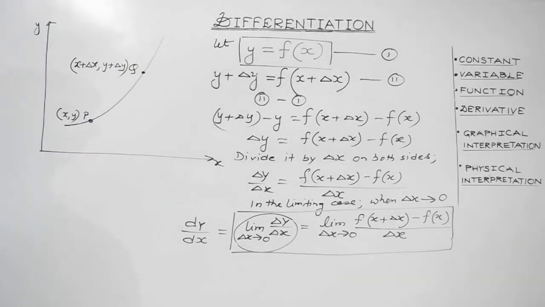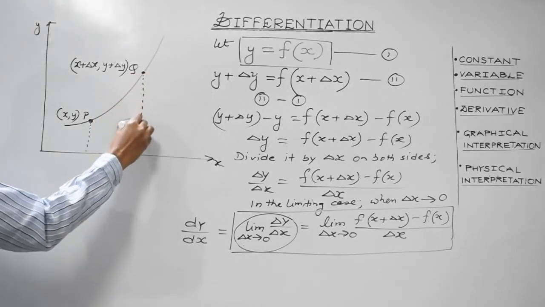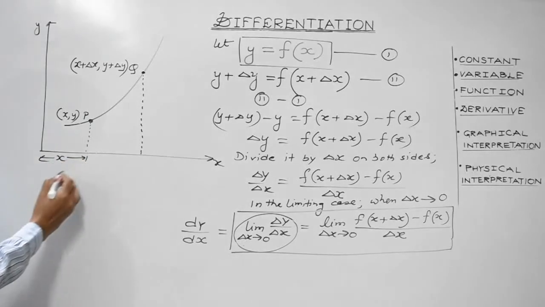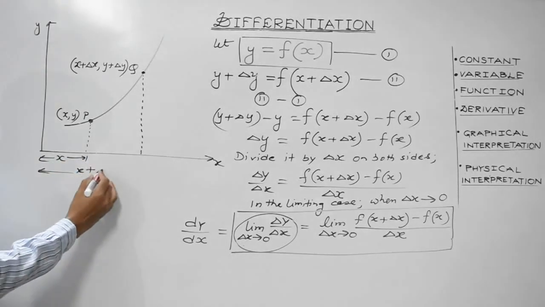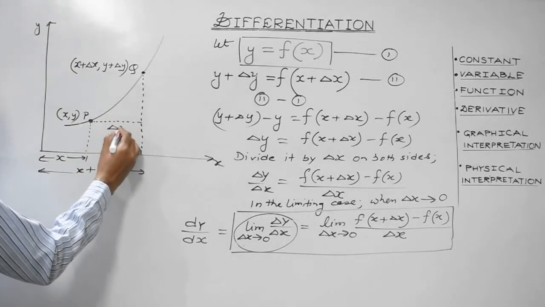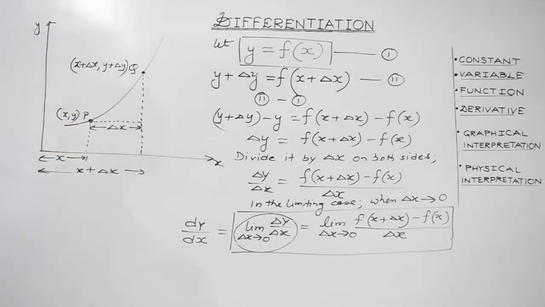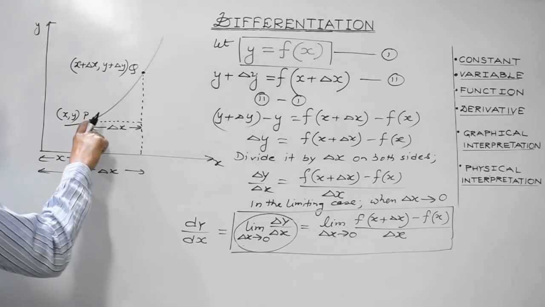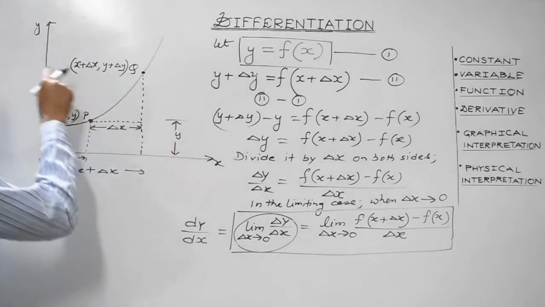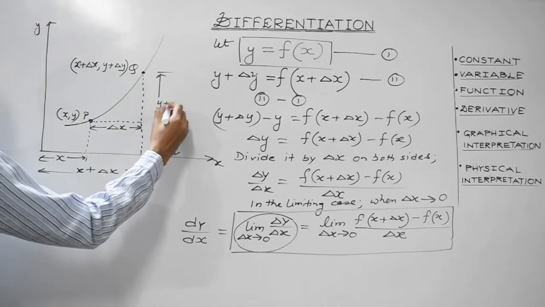Now students, let's try to graphically interpret it. Obviously this is x, and this distance is x plus del x. So what about this distance? This is del x, isn't it? From the diagram it's pretty clear. Now also let us consider this one to be y, and this distance is obviously y plus del y.